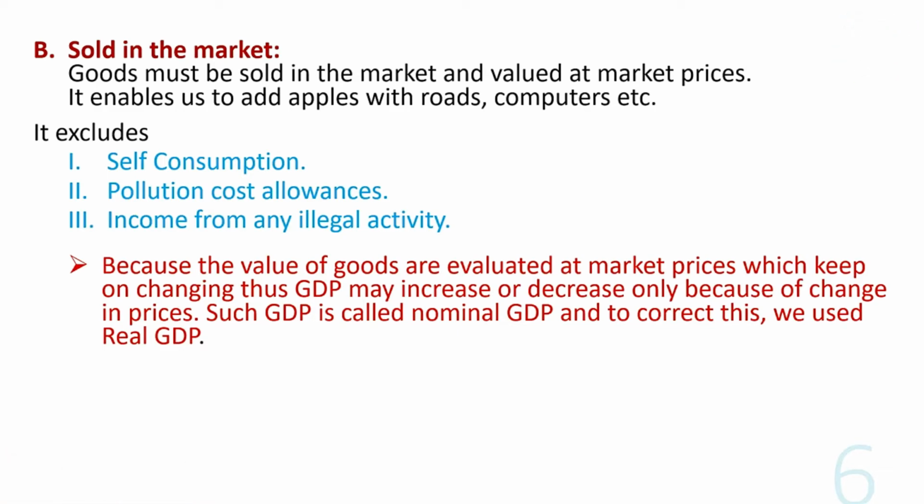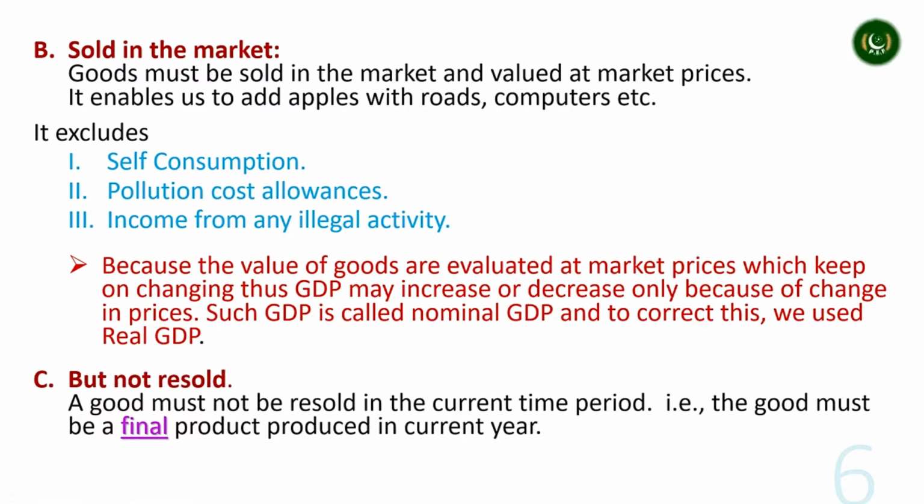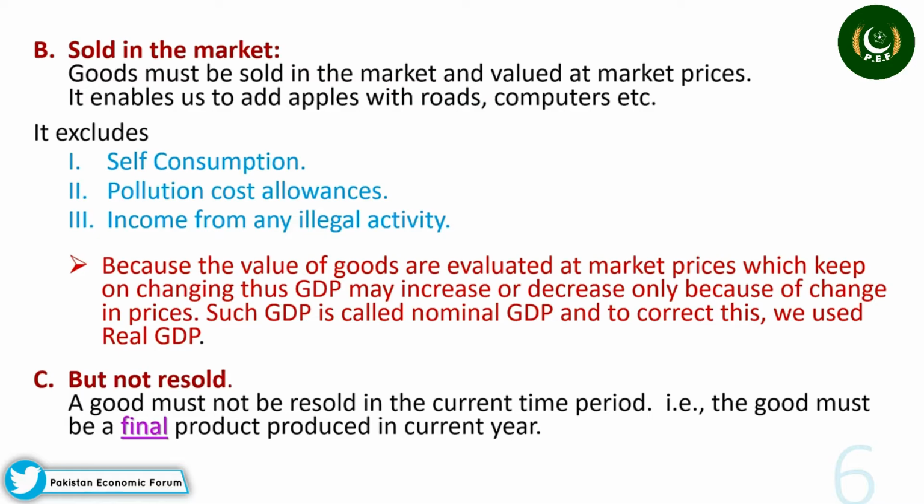This was discussed in detail in lecture 1. The third rule is that the goods must not be resold. That is, we only include those goods which are being sold the first time.